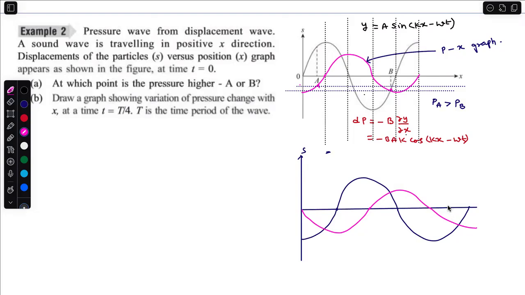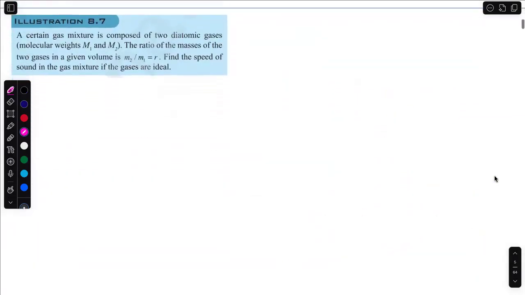So this is the displacement versus x graph, and this is the pressure versus x graph. If you have any doubt, please try to discuss with me. Someone was saying yesterday that when you tried this question, you didn't get the proper answer. If I am not mistaken, this is the question, right?